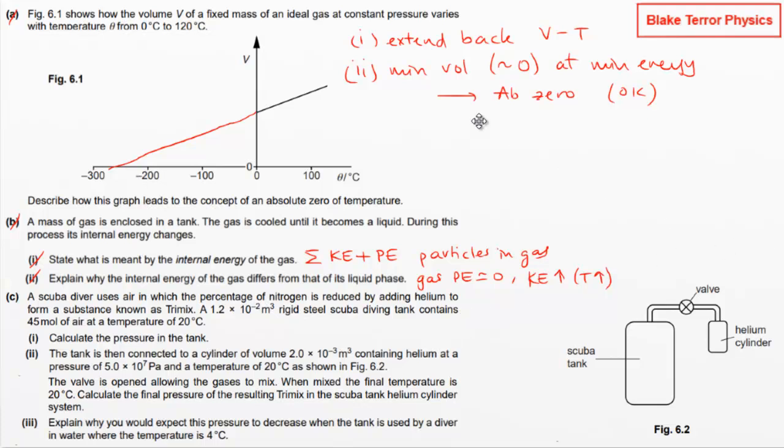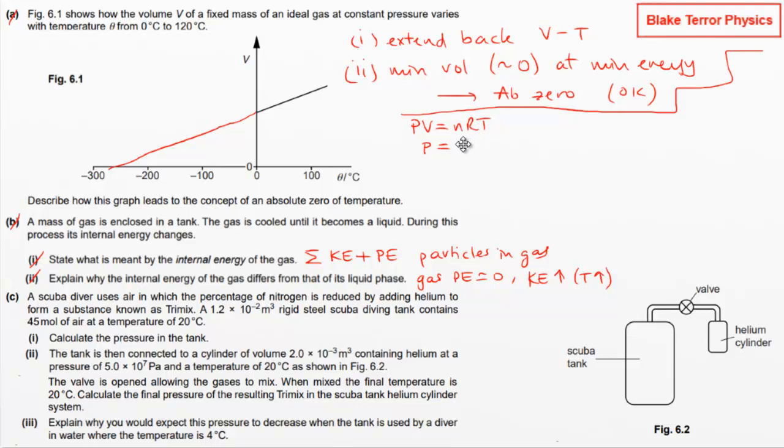Right. So I've already used up quite a lot of space here, so I'm going to go back up here, and we've got our PV equals nRT. Because we're dealing in moles here rather than the number of particles, we've got 45 moles. So we're trying to work out the pressure.